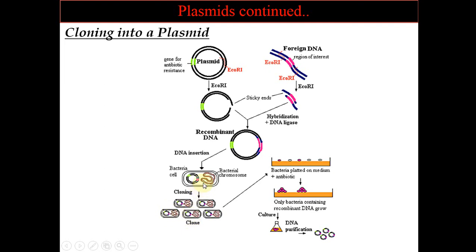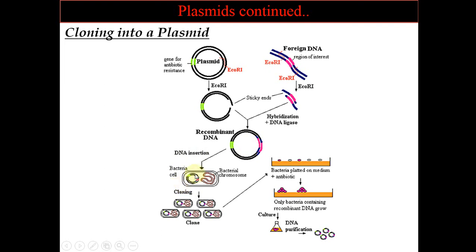Okay, now only a few cells will get this foreign DNA, recombinant DNA. See, remember, when this recombinant DNA is transferred to the host cell, only a few host cells will catch up this DNA.